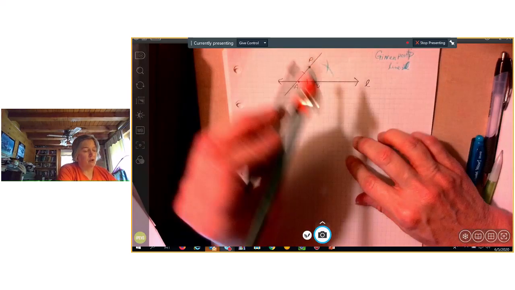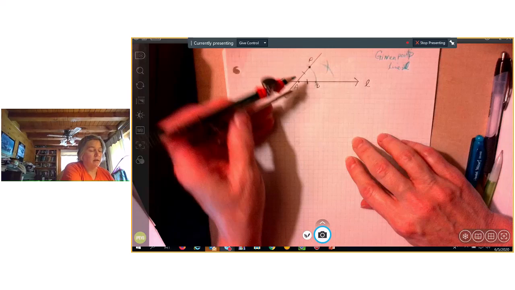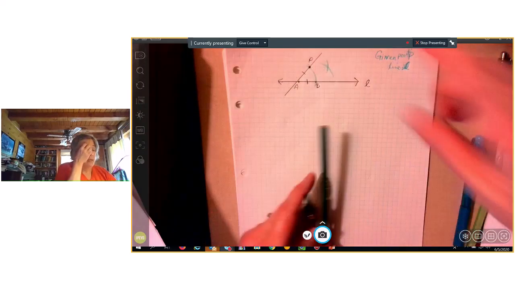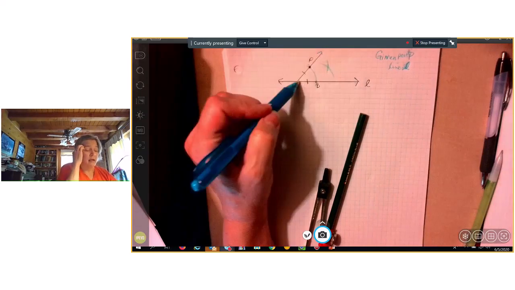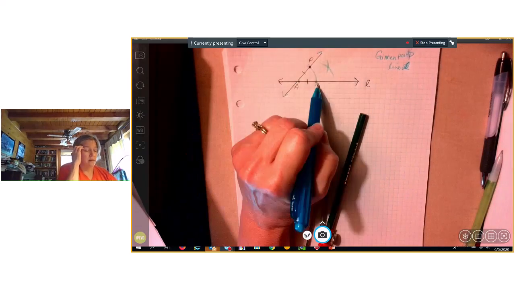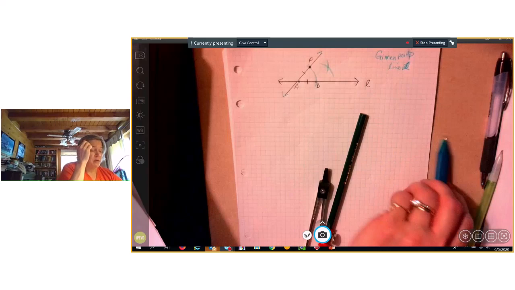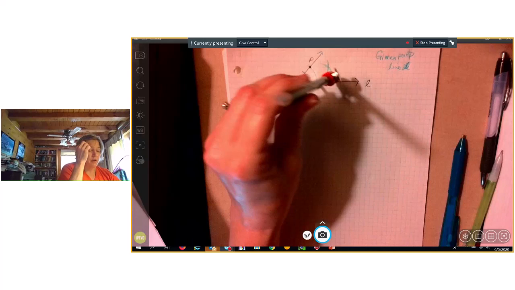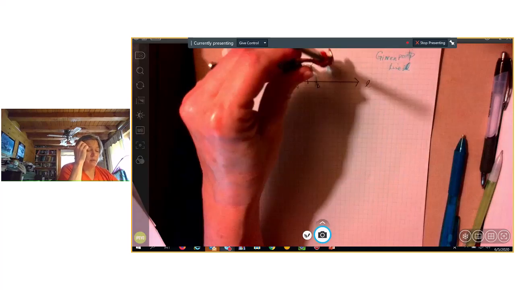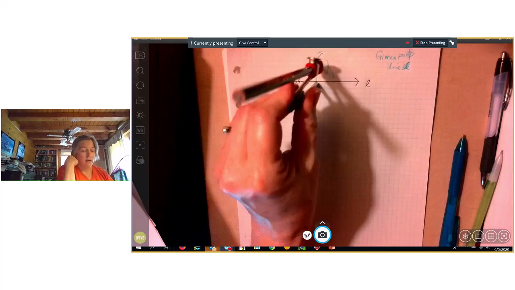And that made me, when I drew this line, that made AP congruent to AB. With this same measurement now, I went to P and I drew an arc. Then I went to B and drew an arc.